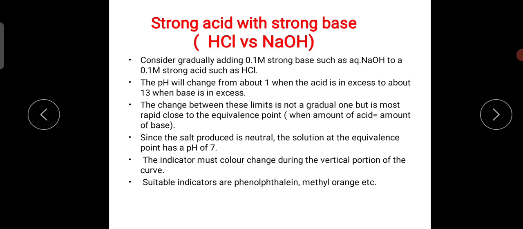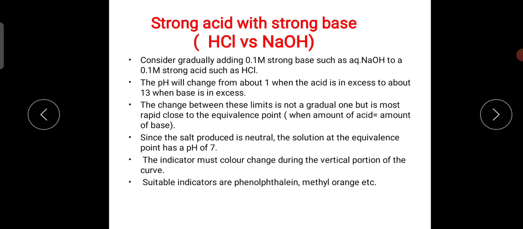Here the strong acid is hydrochloric acid and the strong base is sodium hydroxide. When we are adding the strong base, NaOH, to HCl, the strong acid, the pH will start to change. At the beginning of the titration the HCl will be more, the acid will be in excess.